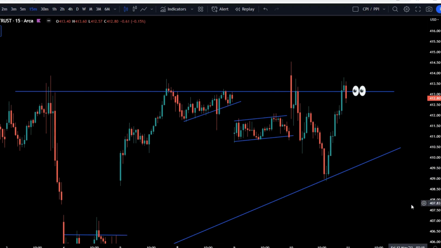So you have to be really careful about having a confirmation bias to say the market is definitely going up today or the market is definitely going down today.